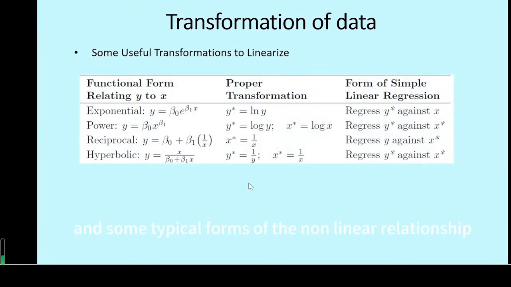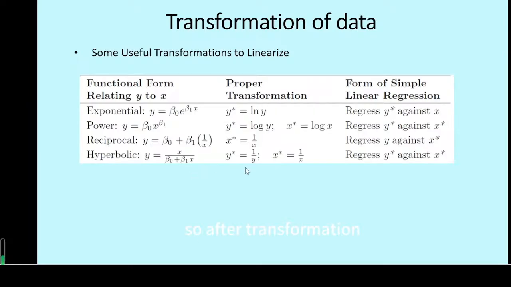Some typical forms of nonlinear relationships are listed here. This is an exponential relationship between y and x. This is the power form. This is a reciprocal relationship between y and x. And this is a hyperbolic one.